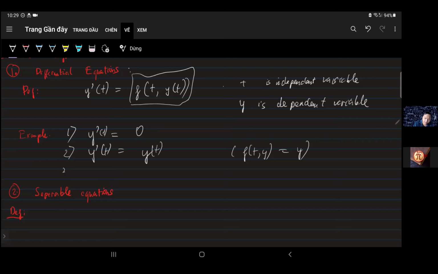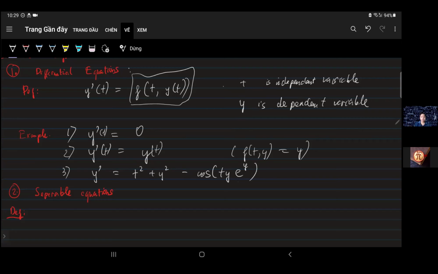A more complicated one, you can come up with y prime equal to t squared plus y squared, and maybe some complicated stuff like minus cosine of ty times exponential of y.